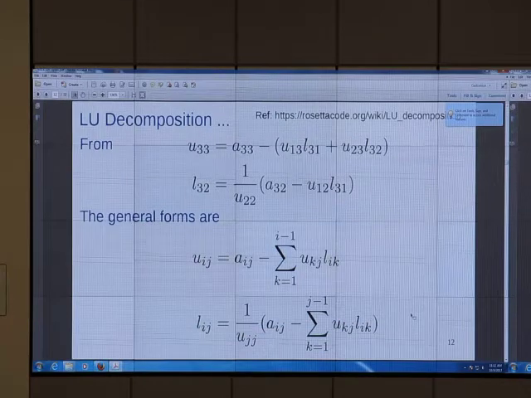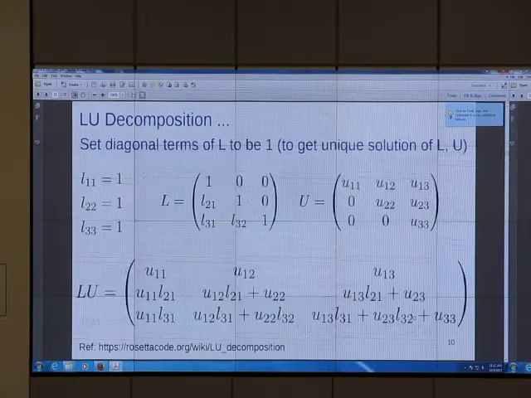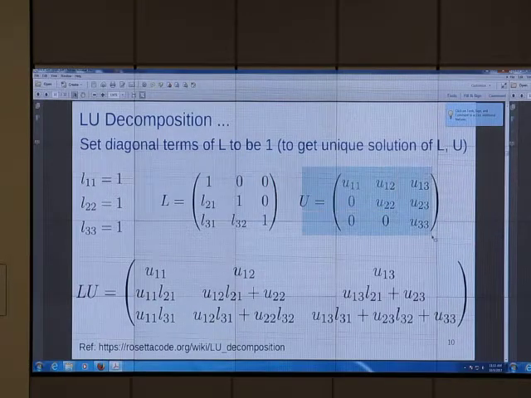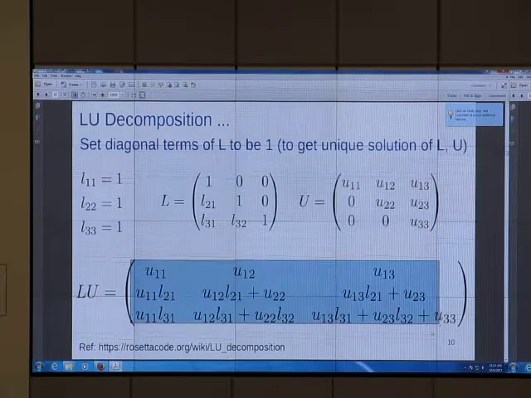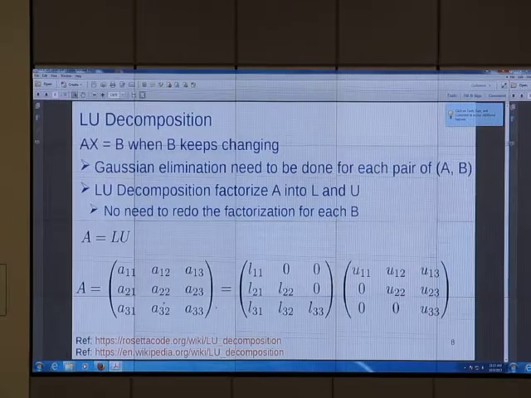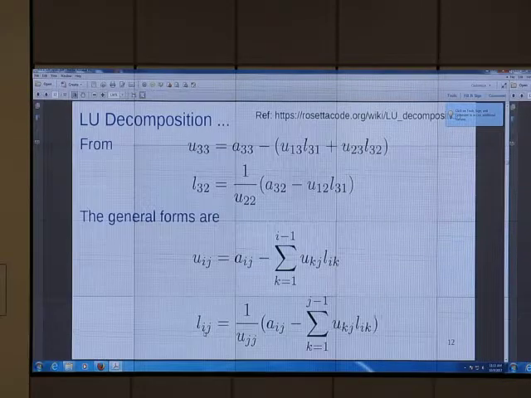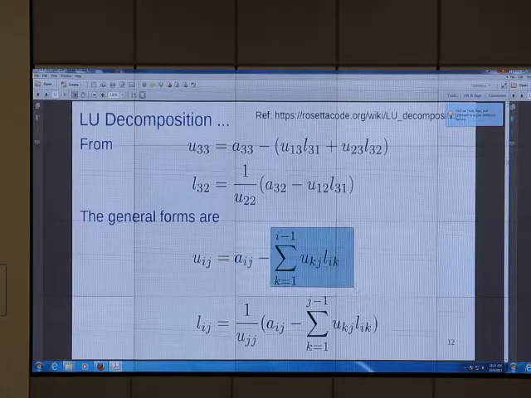So the compact form, to derive it, is just multiply L with U matrix. After we multiply it, we get this and we assign it to be equal to the original one, and we derive each one by one, and we see the pattern. Once we know the pattern, we can put it in a compact form. So Uij equal to Aij minus summation of k equal to 1 to i minus 1.